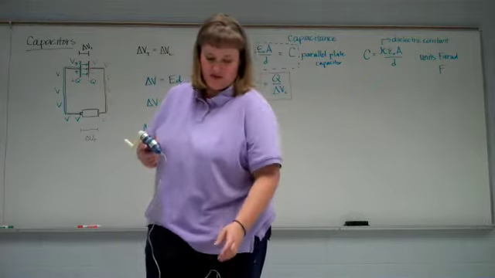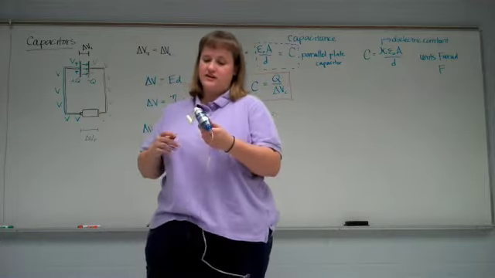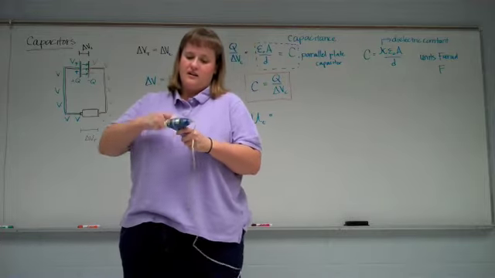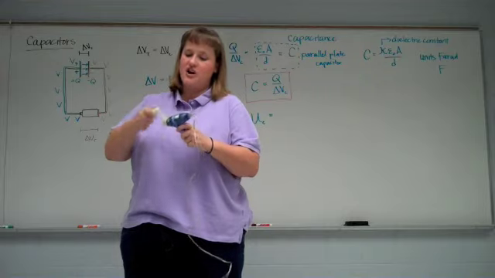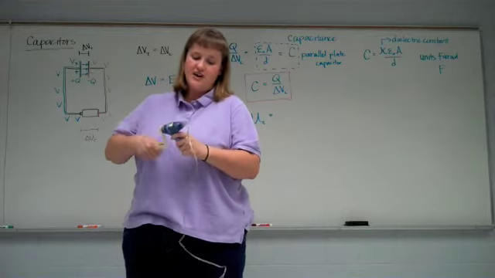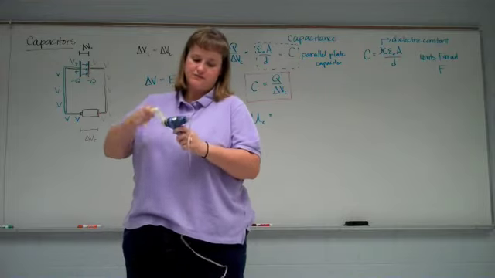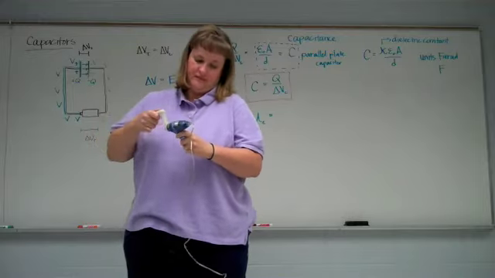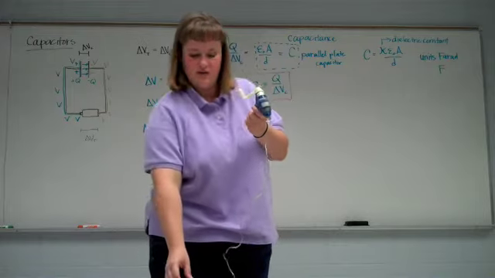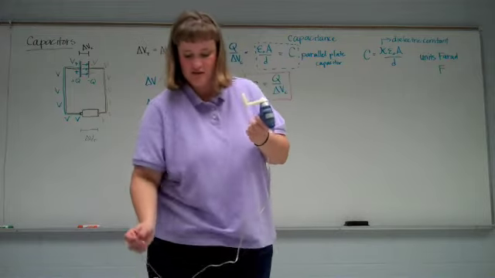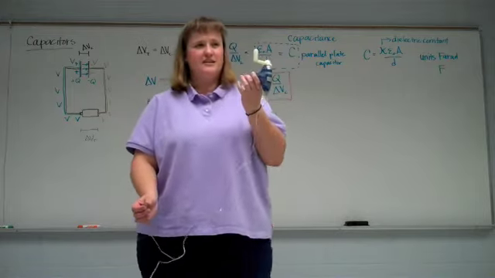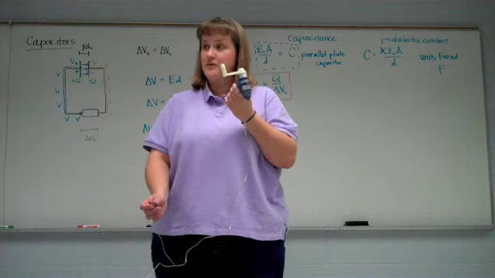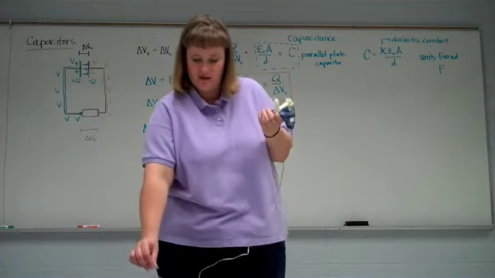But that's not a concern with this little hand crank generator. So, hand crank generator makes charges move, so I'm charging that capacitor. But if I let go, it's going to discharge. If I disconnect the hand crank generator from the capacitor, it's not doing anything.